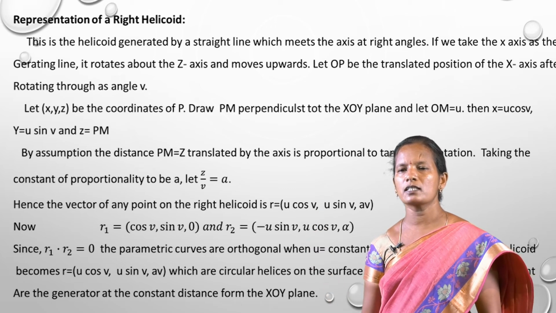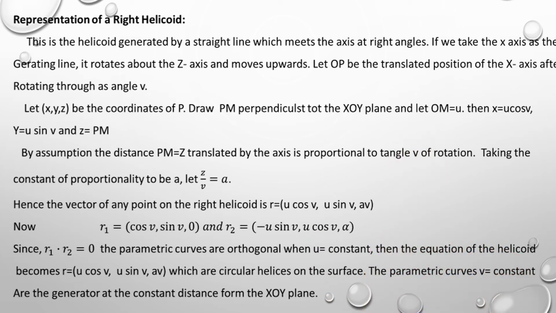By assumption, the distance PM equal to z, the translation along the axis, is proportional to the angle of rotation, taking the constant of proportionality to be a, so z by v is equal to a. Hence the vector of any point on the right helicoid is R vector equal to (u cos v, u sin v, a v).